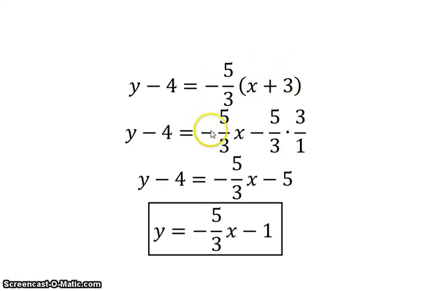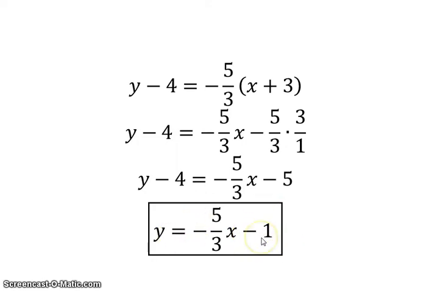We're going to do that, simplify, and in this case we're going to have to add 4 to both sides. And when we do our computations, we should get our slope-intercept form y equals -5/3 x minus 1. So this will give us our most useful information. Our slope is -5/3, our y-intercept is -1, or the point (0, -1).